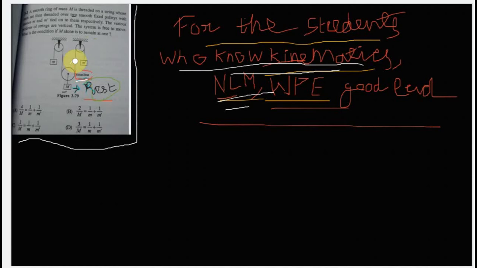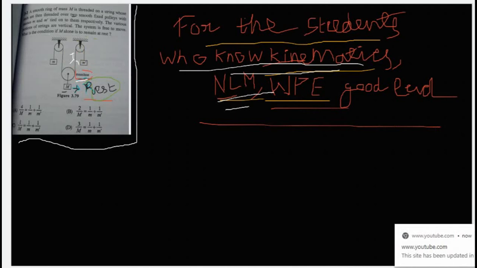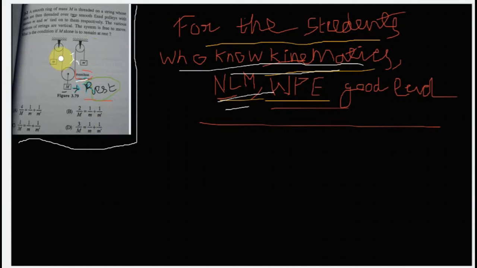So in the whole string the tension is the same, and we assume the tension is T everywhere. As written in the question, capital M alone is to remain at rest, so we assume it is in the rest position.